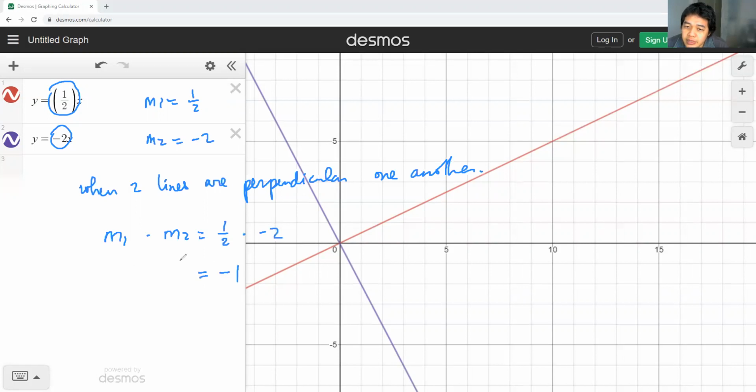So basically, when two lines are perpendicular to one another, the product of their gradients is equal to minus 1.